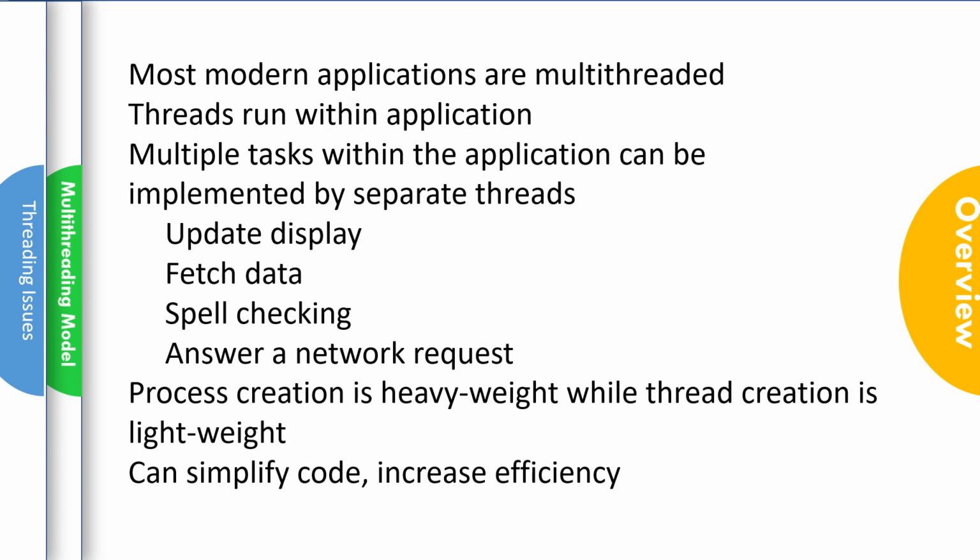Now we have seen process and now we are seeing threads. When a process is created, it is created by allocating a lot of resources. That's why we say that process creation is a heavyweight process, while thread creation is a lightweight process. What is the difference between heavyweight process and lightweight process?